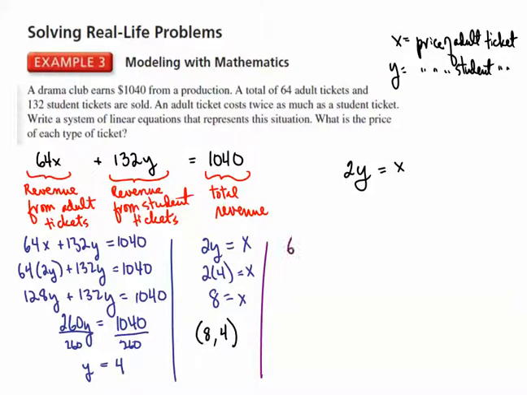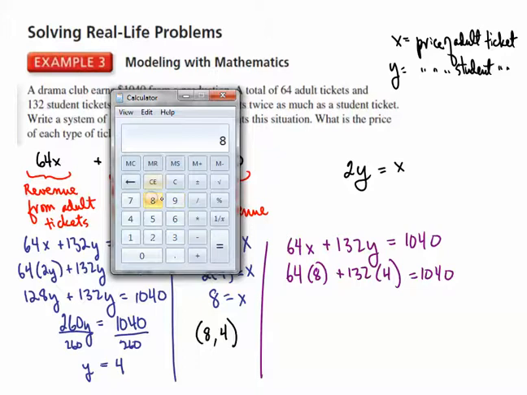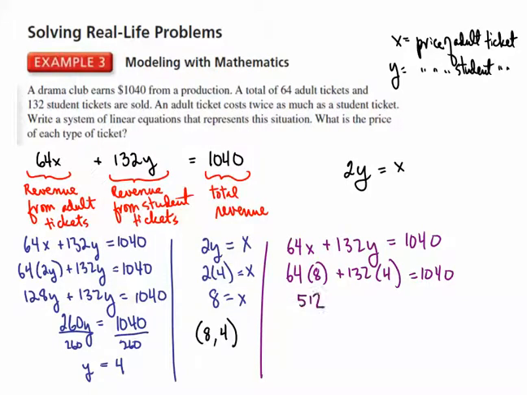So if we had 64 times the price of the adult tickets plus 132 times the price of the student tickets is equal to 1,040, then when we multiply 64 times x, which is 8, plus 132 times y, which is 4, we should get 1,040. 8 times 64, we'll use our calculator here. 8 times 64 is equal to 512. So 512 here. 4 times 132.